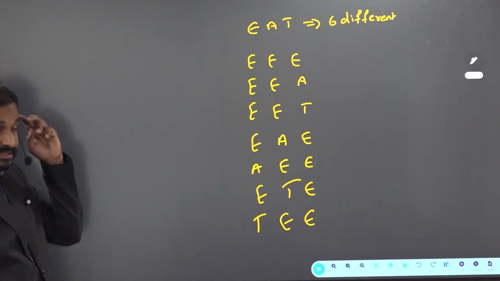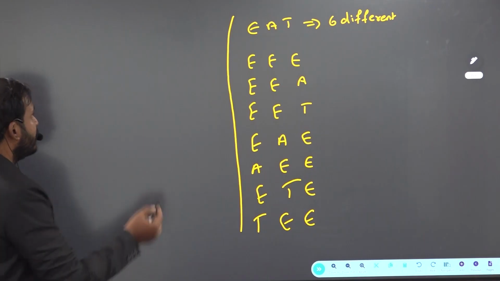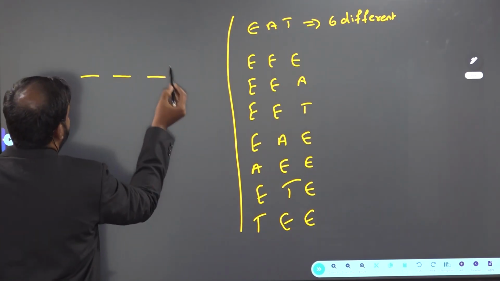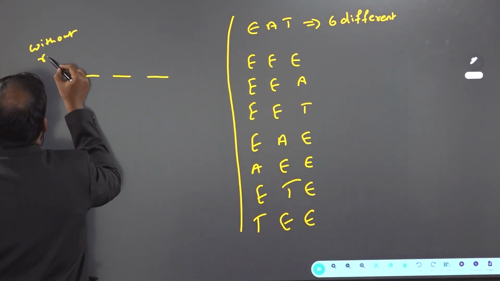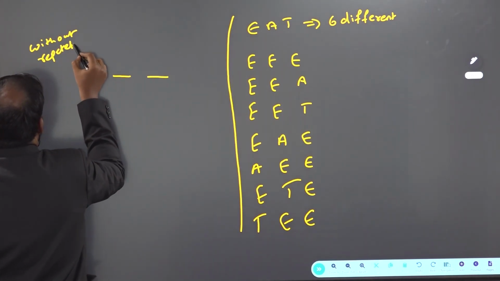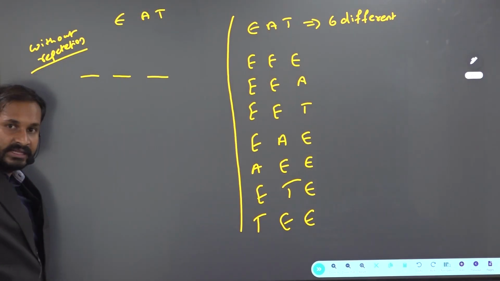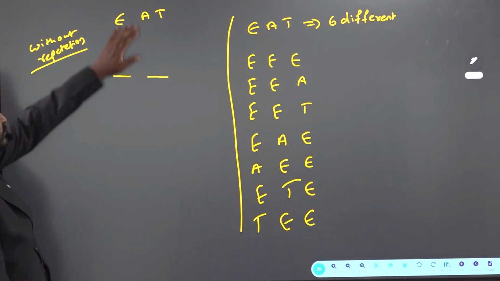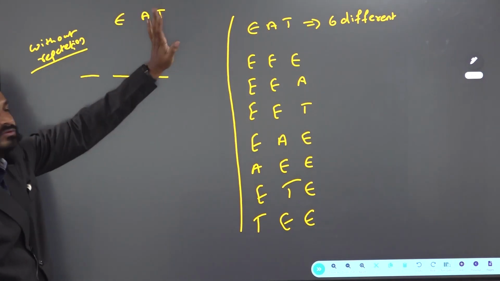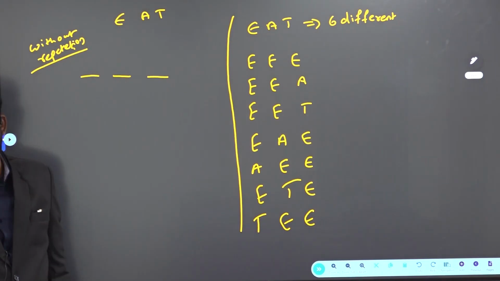Now, how to avoid this confusion? See here students, this is the case of without repetition. Okay, so total how many letters are there for me? 3 letters. Now without repetition means, if I use E once, I cannot use E again. If I use A once, I cannot use A once again.